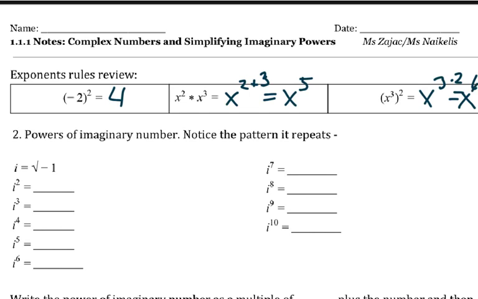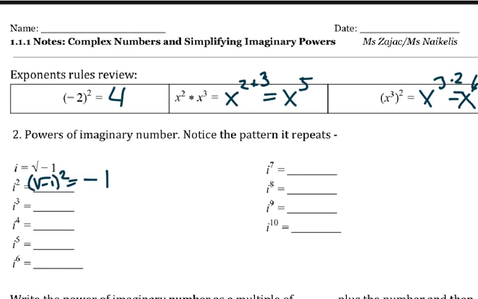So now let's see how the imaginary number pattern actually works. The imaginary number i is defined to be the square root of negative 1. Then i to the second power, we can take the square root of negative 1 and square it. If we take the square root of negative 1 times the square root of negative 1, we'll get negative 1.